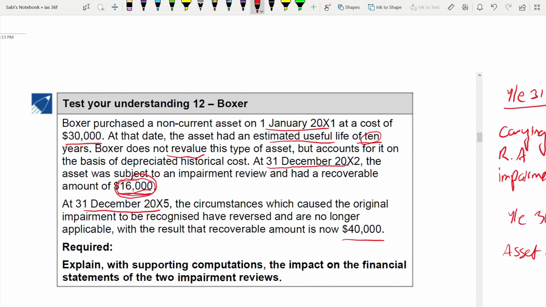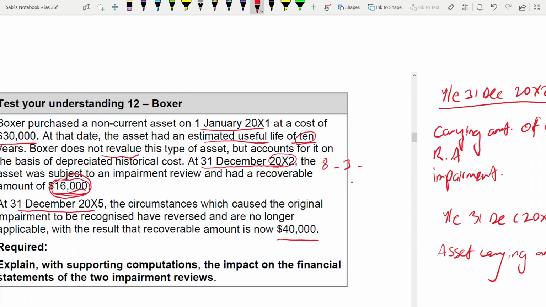When you are at 31st December 2002, it is 8 years useful life. But when you're coming to 31st December 2005, you have to reduce another 3 years, 2003, 2004, 2005.